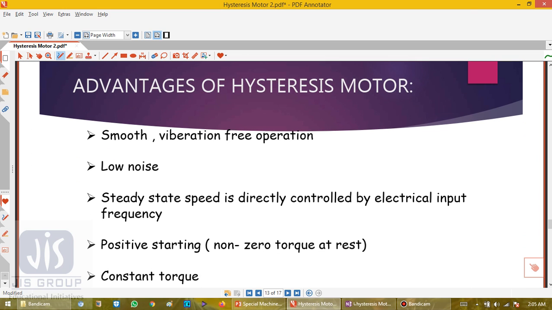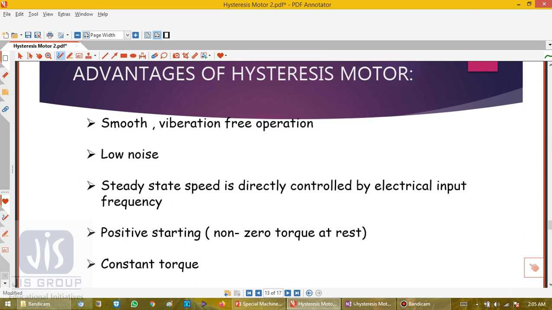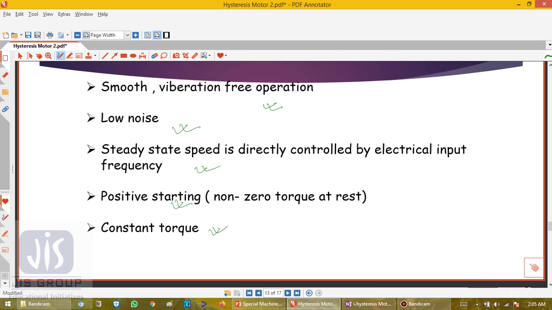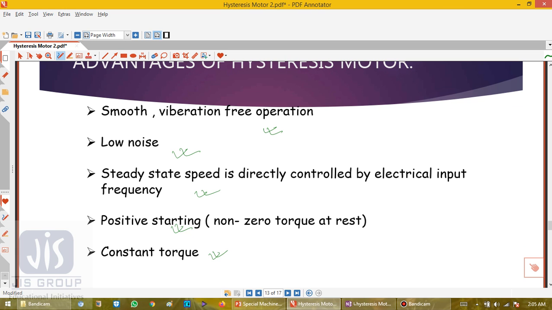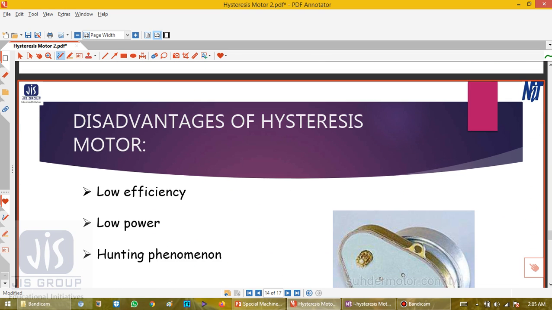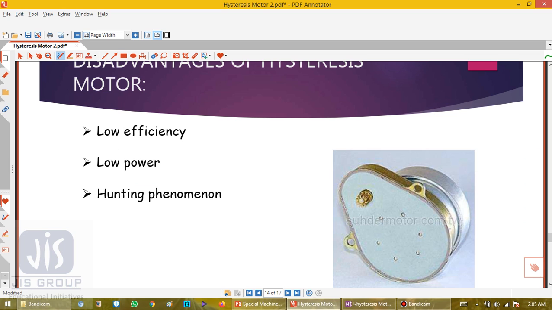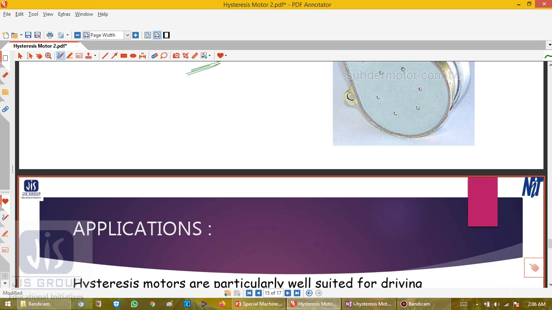And these are the advantages of the hysteresis motor: smooth, vibration free operation, low noise, positive starting, constant torque, and steady state speed directly controlled by the electrical input frequency. Okay. And the disadvantages are low efficiency, low power factor, low power, and hunting phenomena, which we have seen in the case of three-phase induction motor.